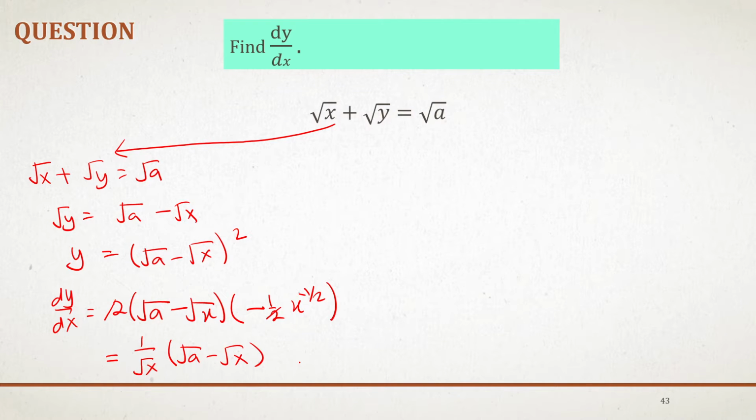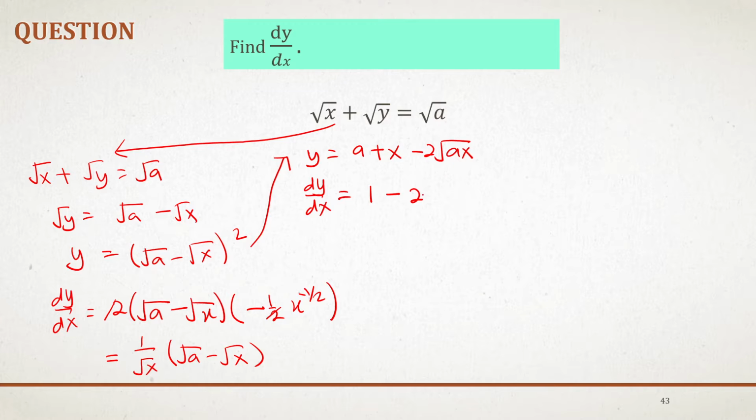Or from here you can expand it: y equals a plus x minus 2 root a root x. So your dy/dx equals, differentiate a is 0, differentiate x is 1, minus 2. Actually, before that, I need to change this one to an index first.